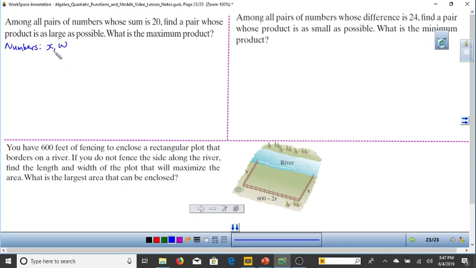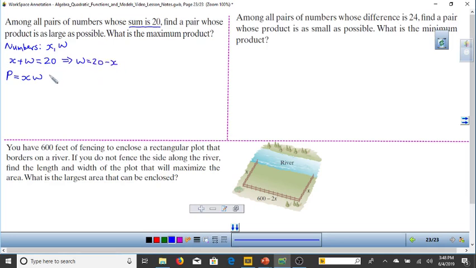So, to avoid that confusion, I'm going to use a different variable, and the sum of those variables is 20, so x plus w is 20. I'm going to call p the product, so the product is xw. I can rearrange this equation so that w is equal to 20 minus x.